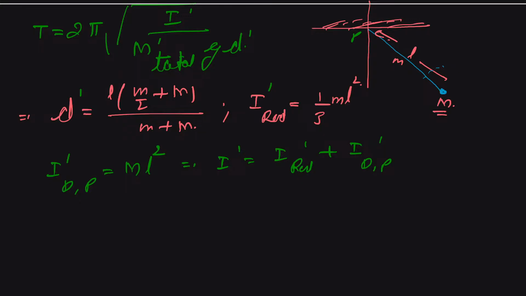And we substitute the values, we get I prime equal to 1 by 3 ml square plus capital M L square. And from here we can take L square as common, so this will be L square times (1 by 3 m plus capital M).